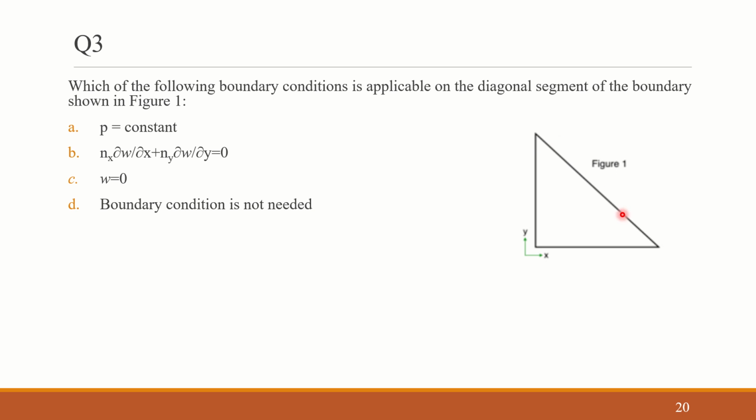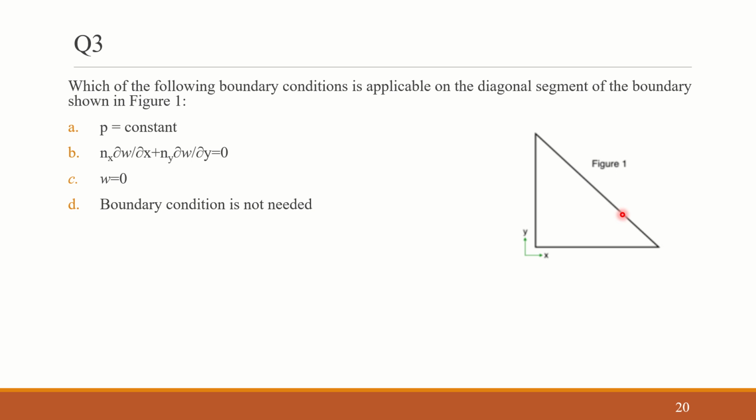If we are considering the flow through the triangular duct, we can treat it as the wall boundary condition. In a wall boundary condition, since it is a stationary wall, we consider the velocity as 0. w equal to 0 gives the appropriate boundary condition for the flow.